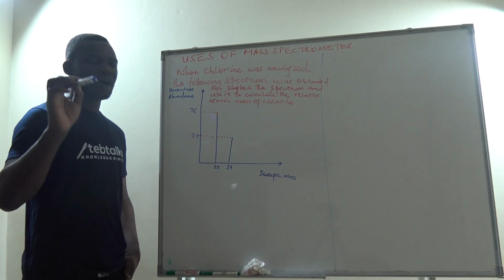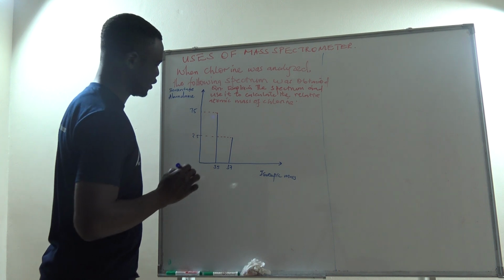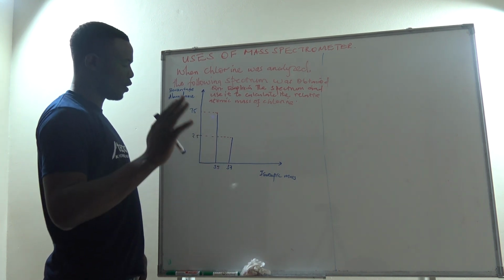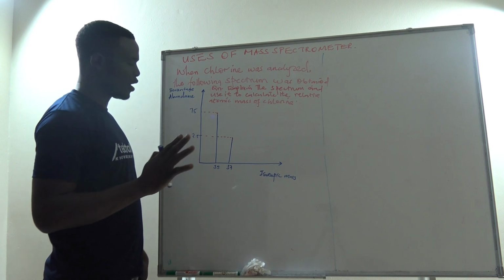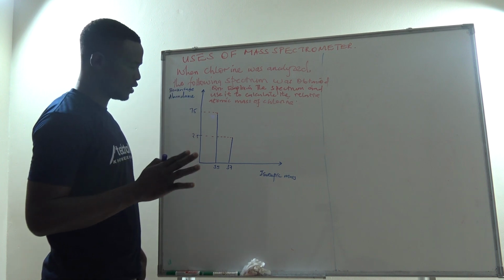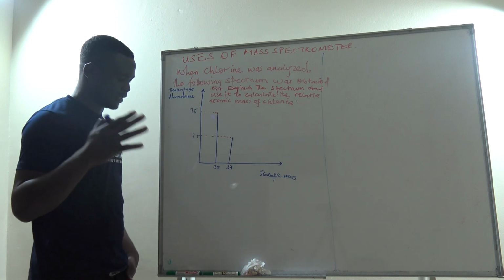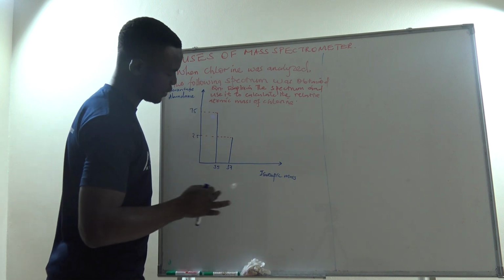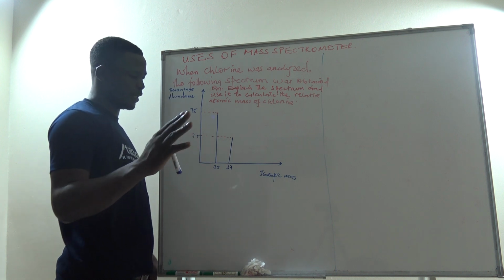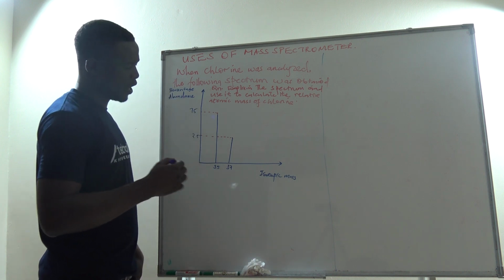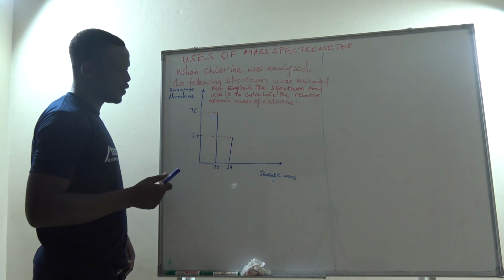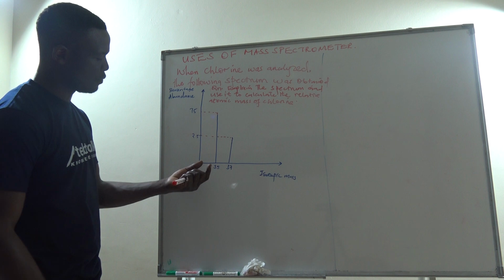Now, we know that chlorine exhibits isotopy, and we did say isotopy is the existence of an element having the same atomic number but different mass numbers due to different numbers of neutrons. Now, how do we explain this spectrum? The explanation is very simple.